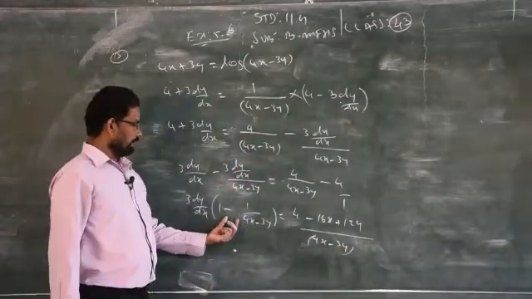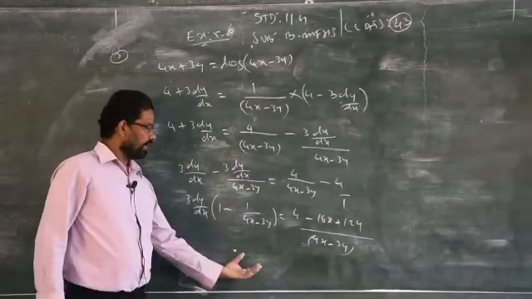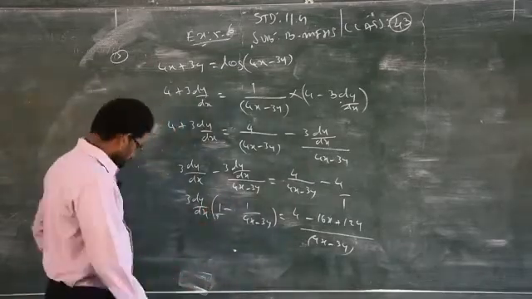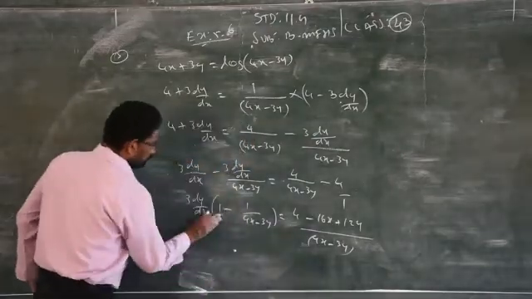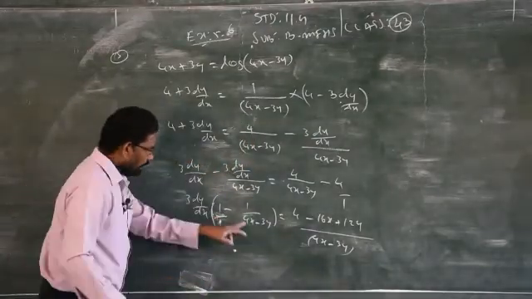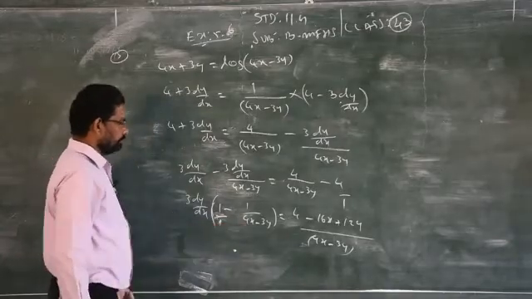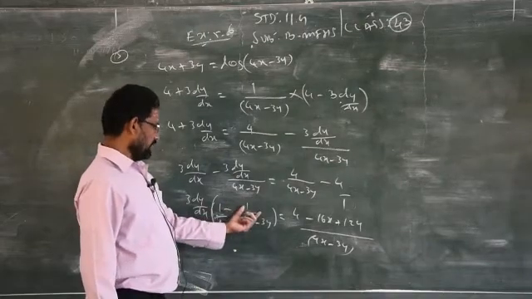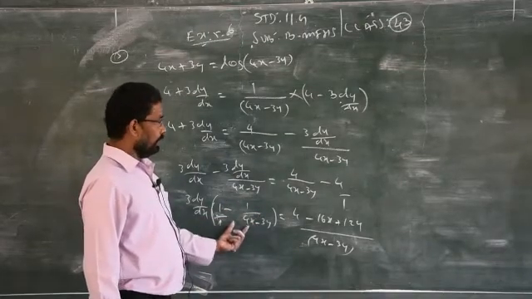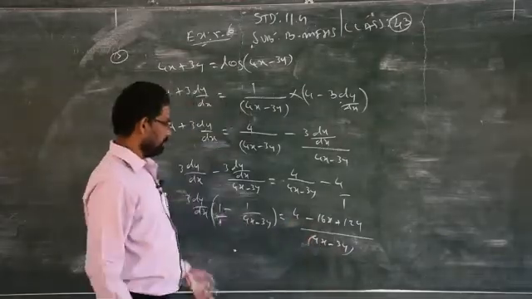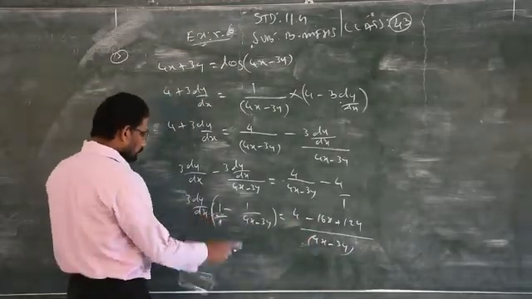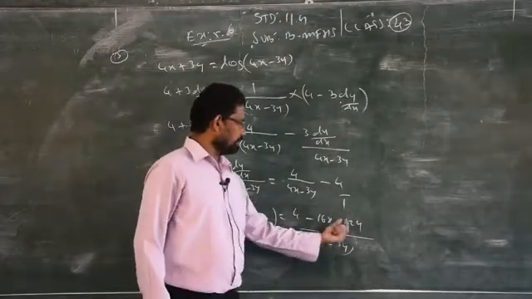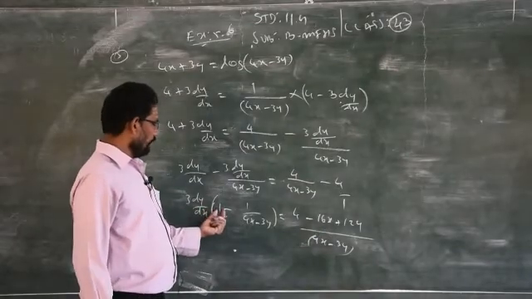Clear? Again you take cross multiplication for these two, simplify it, you will get the required answer. This is very simple. Again apply the cross multiplication for this side also, 4x minus 3y by 4x minus 3y gets eliminated, you will get the required answer dy by dx is equal to 4 minus 16x plus 12y by 3 into 4x minus 3y.